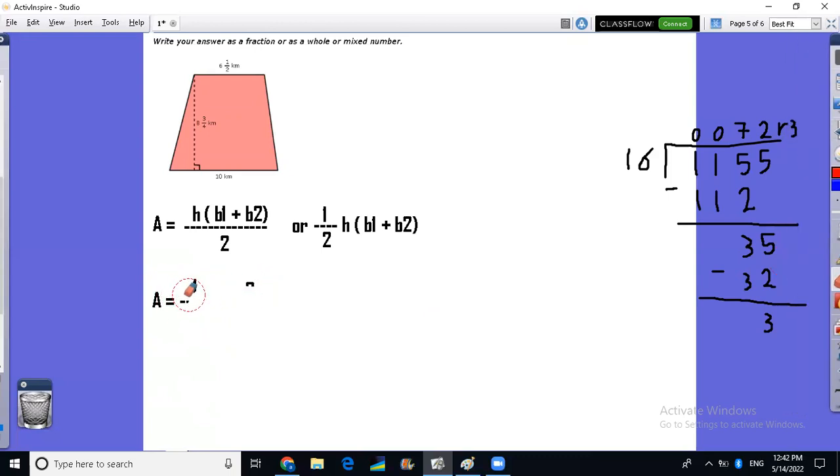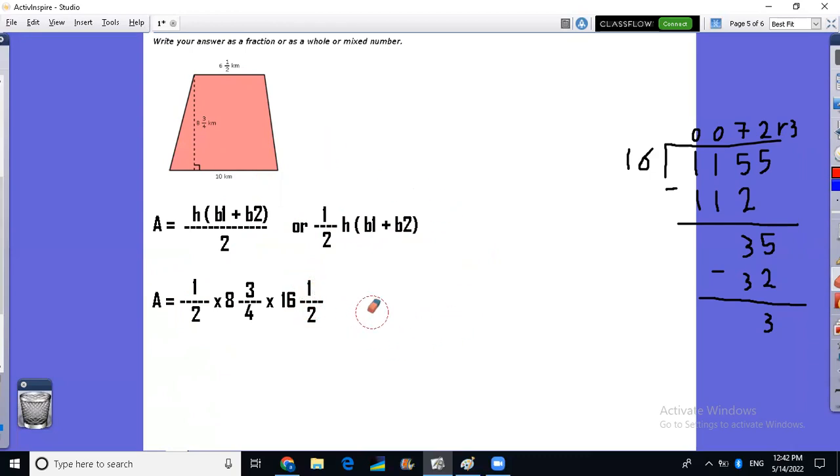Here is the area. We need to find the area. So area equals half times b times h, which is the height, 8 3/4, times b1 plus b2. What is b1 plus b2? It's 10 plus 6.5, which is 16.5. Yes, 16.5.